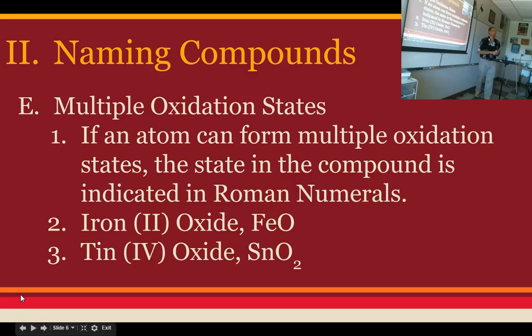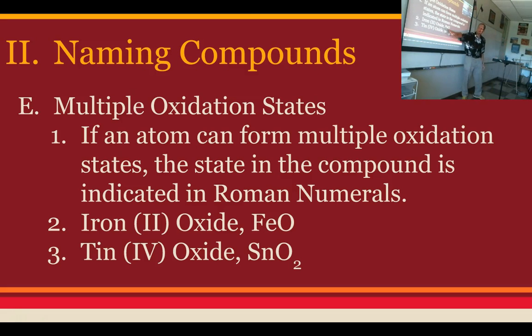Okay, so multiple oxidation states. First part of this chapter was oxidation states. We just briefly recapped it, where it's essentially the charge of an ion unless it's something in the middle of the table, the transition metals. When you're talking about a transition metal, you don't know what oxidation state it is because it's not something like magnesium or fluoride that always goes to that particular charge.